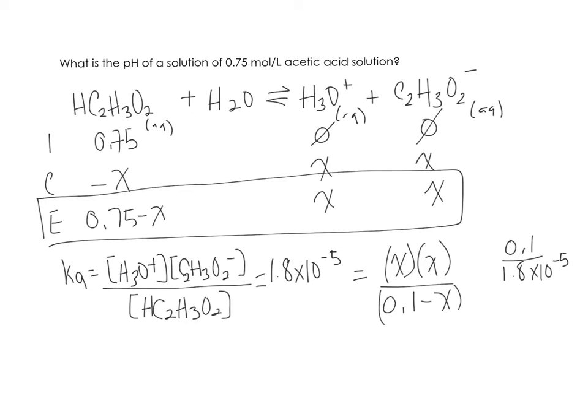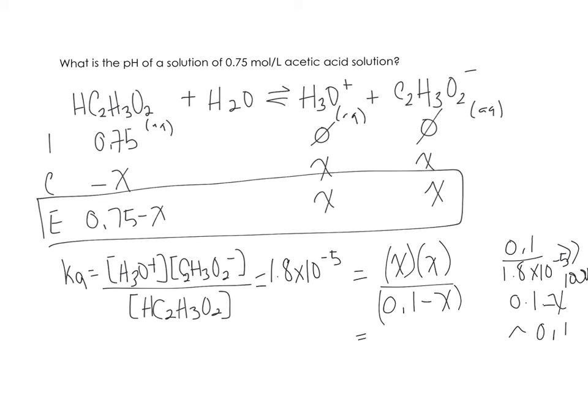So 0.1 divided by 1.8 times 10 to the negative 5 is 5,555.5 repeated. So this assumption holds, that's greater than 1,000, so 0.1 minus x is approximately 0.1.